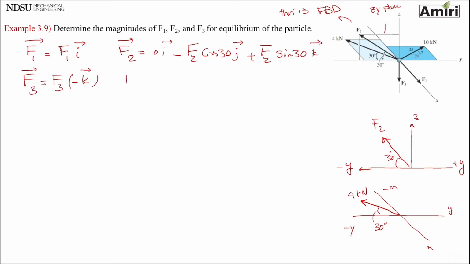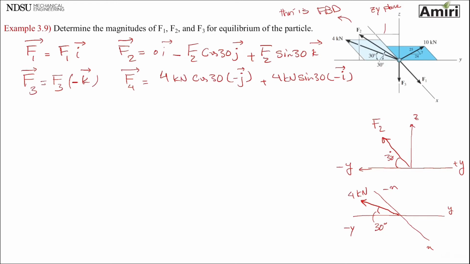Let's call it F4. It is 4 kilonewton cosine 30, and that is minus j, and then it is 4 kilonewton sine 30, and it's minus i.